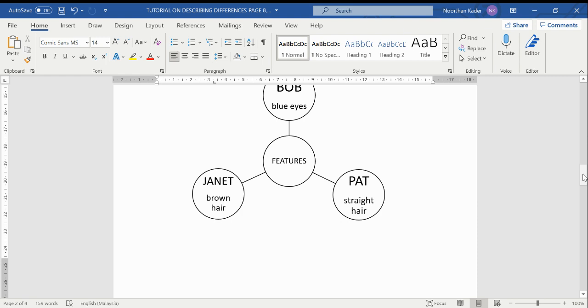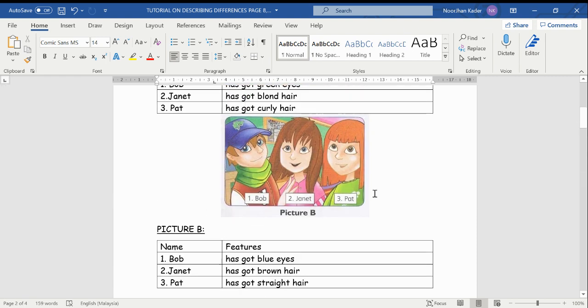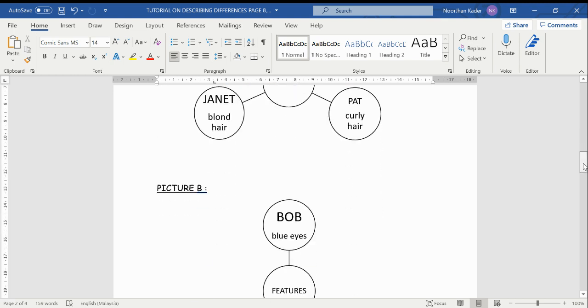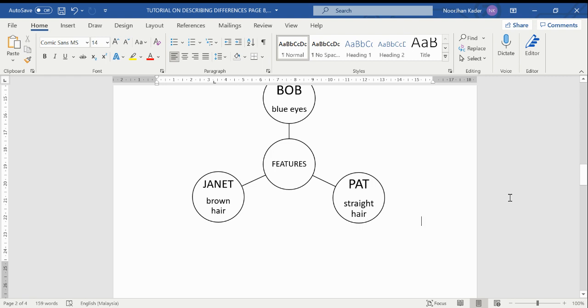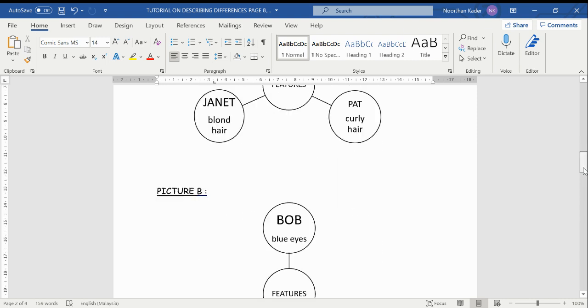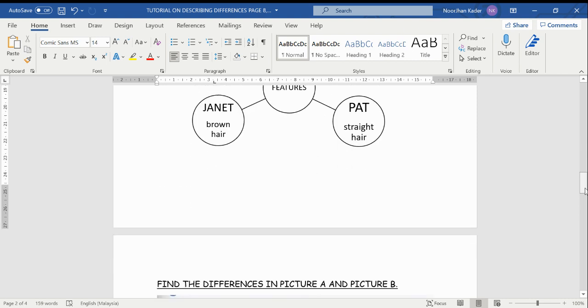That's right. And the last one, Pat. Pat has got straight hair. Let's double check. In picture B, straight hair. So we have done all. We have completed the bubble maps for picture A and picture B correctly.